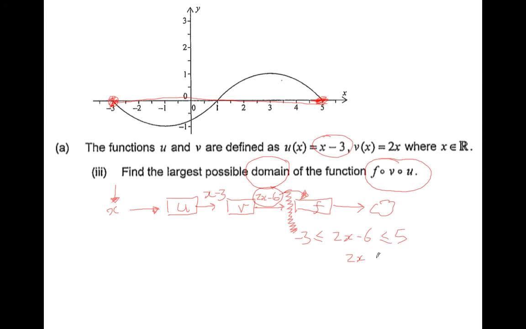So that's quite an easy one to solve, but I think maybe the visual there helps. Add 6 to each of the 3 parts of the inequality, and then divide by 2, and then we've got the largest possible domain for the overall function. So if I fed in 3/2 into u, then it comes into v, then it will be just at the bottom end of the actual input for the f function, which is -3.